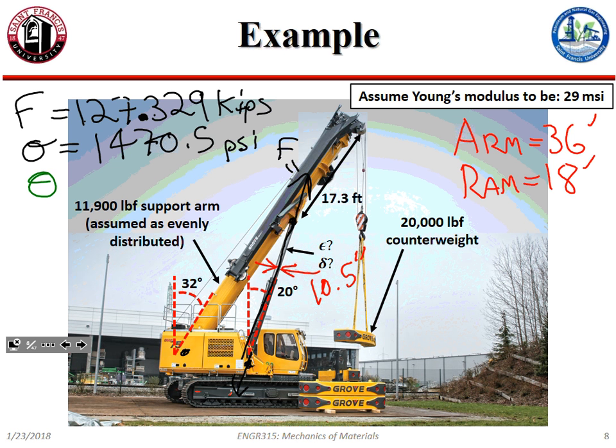So if we have sigma equals E epsilon, or stress equals Young's modulus times strain, what do we got? What do we need? And how do we get there?